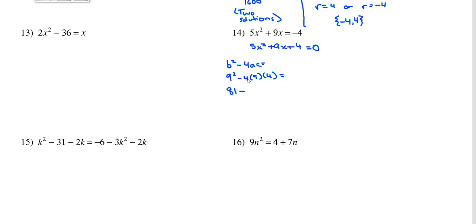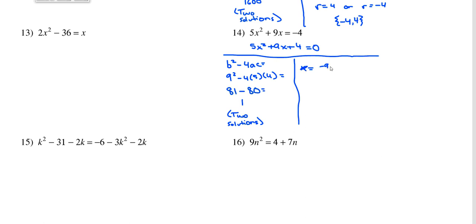And let's find those solutions using the quadratic formula. So x equals negative b, x equals negative 9, plus or minus the square root of b squared minus 4ac, which is a 1, all over 2a, 2 times 5. So we end up with x equals negative 9 plus the square root of 1, which is 1, divided by 10.